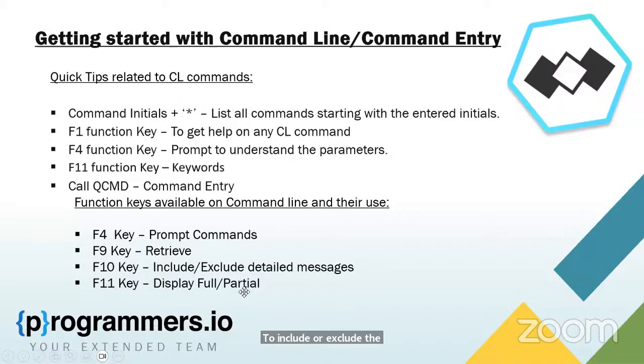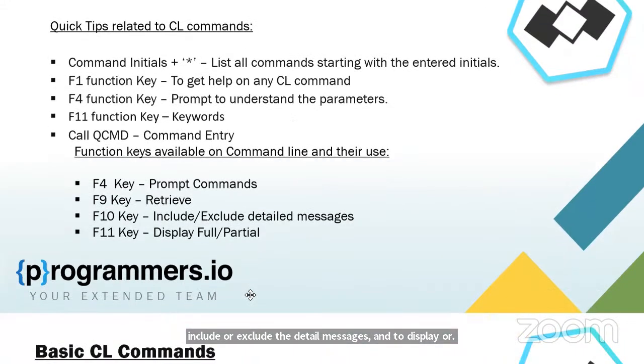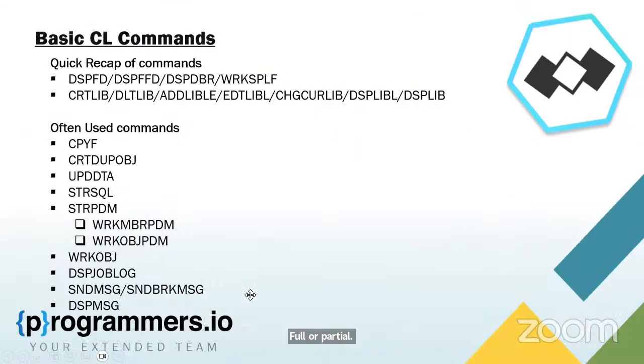So now coming back to the basic CL commands which we use in our day-to-day activities in IBM i. A few of these you might have already come across in your previous sessions, like display FD, display FFD, display DBR, work spool file.